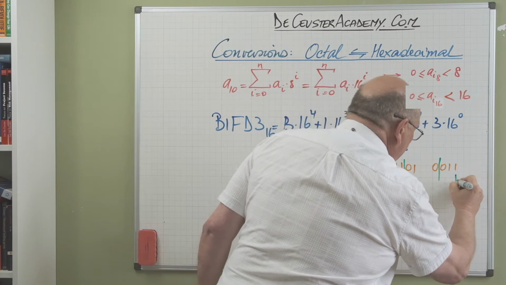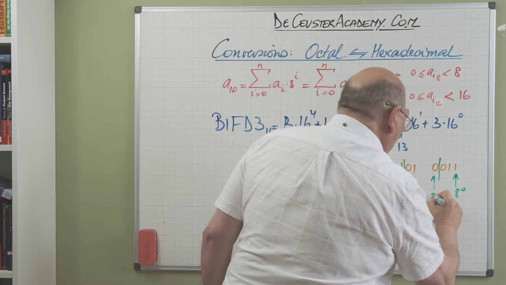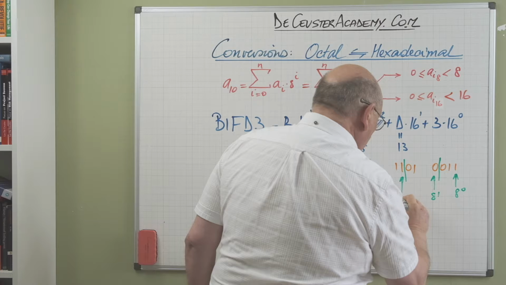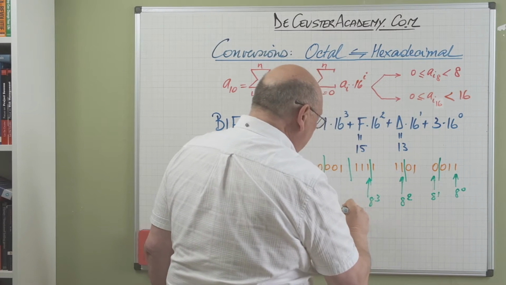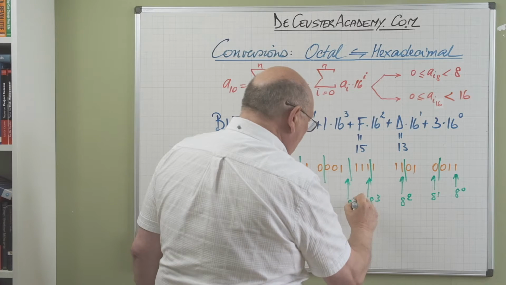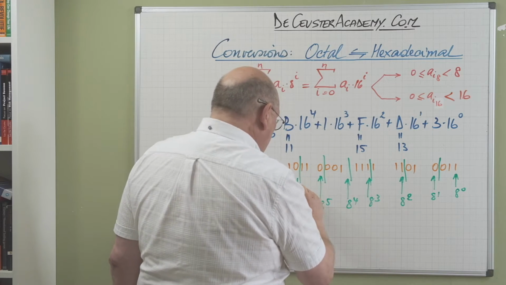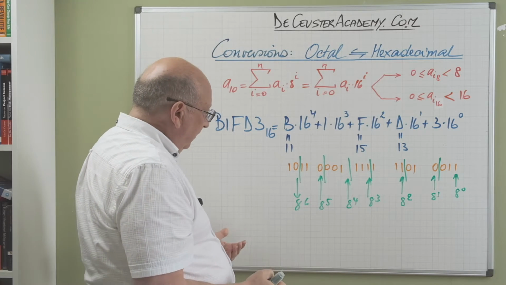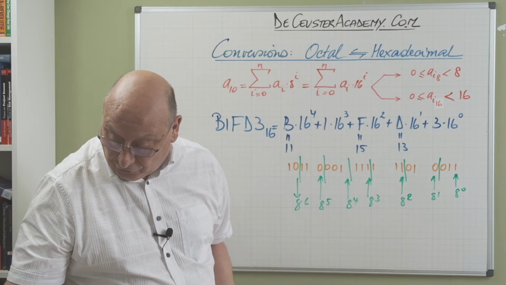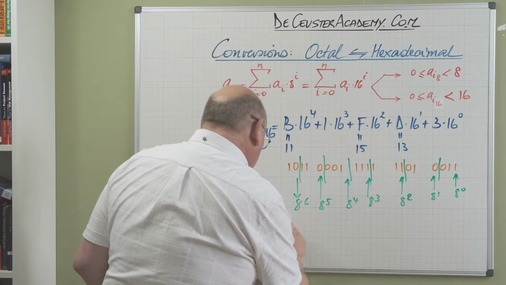So we have here 8 to the power 0, 8 to the power 1, 8 to the power 2, 8 to the power 3, 8 to the power 4, 8 to the power 5, and 8 to the power 6. And now we have to write the coefficients.